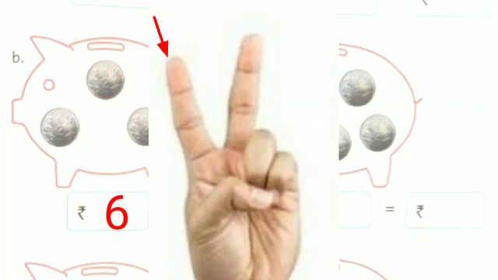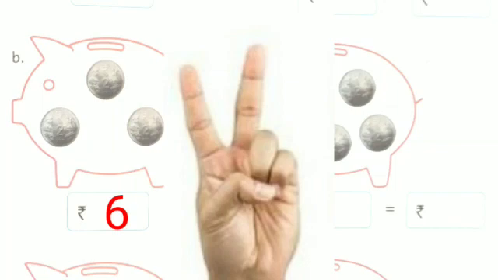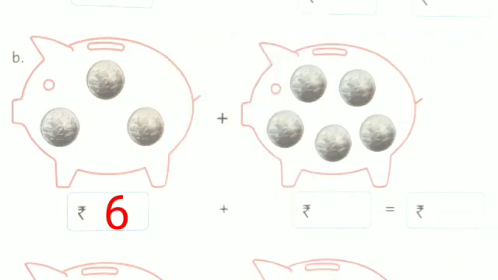Count after 6: 7, 8. Now keep rupee 8 in your mind and open 2 fingers. Count after 8: 9 and 10. So students, we will write here rupees 10.